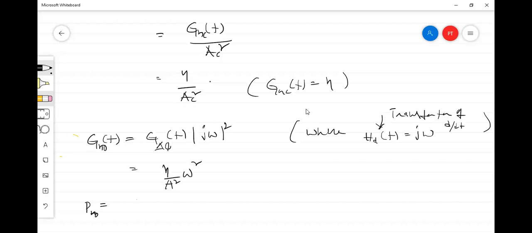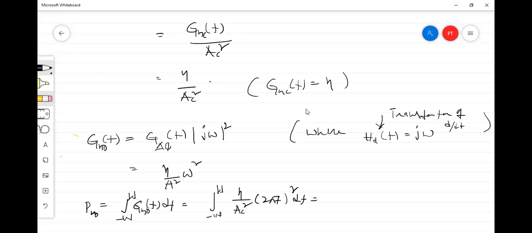If you look at the power spectral diagram, you need to integrate from minus W to plus W the output noise power spectral density, eta by AC square times 2 pi f whole square, df.